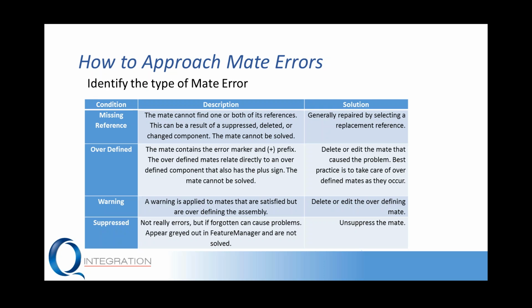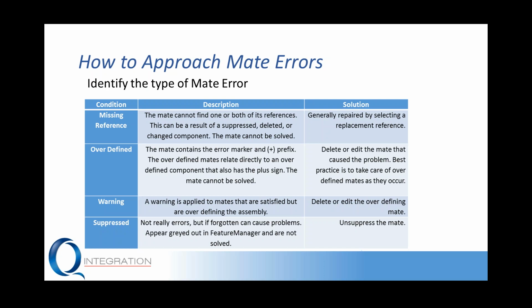Also, over-defining. If we have an over-defining mate, we may see an error marker listed in the design tree, and this can also bring a plus symbol prefix next to the component name. And so anytime we see an error marker on a mate in the mates folder or in the design tree, this tells us that the mate is over-defining the assembly and it is not being satisfied.